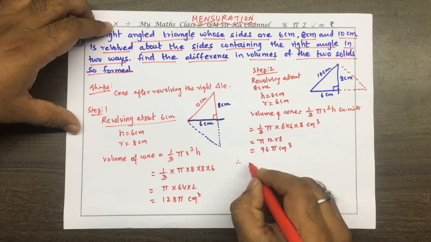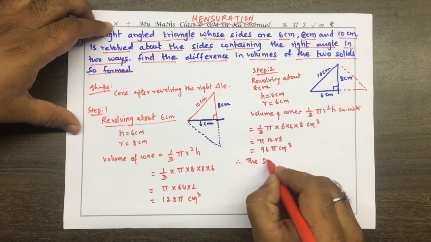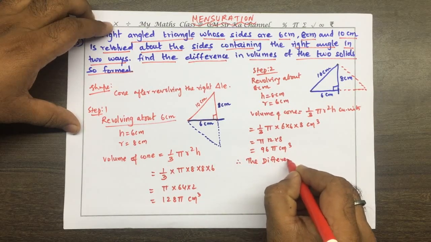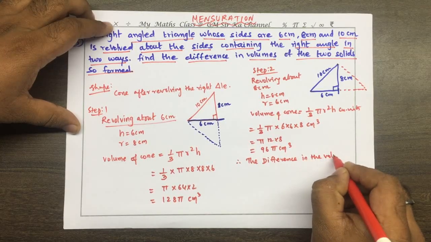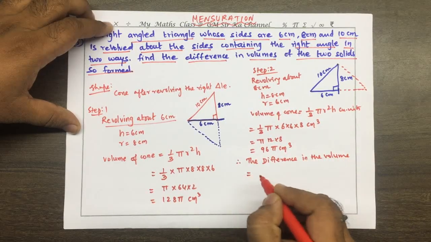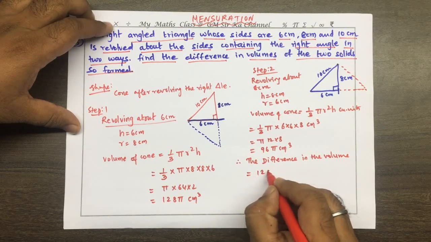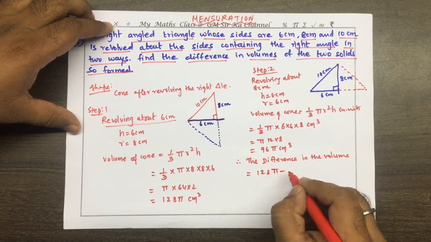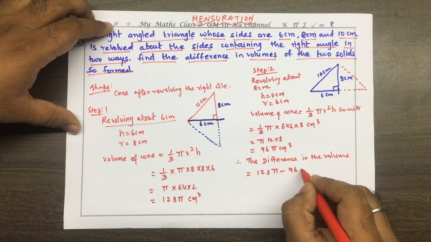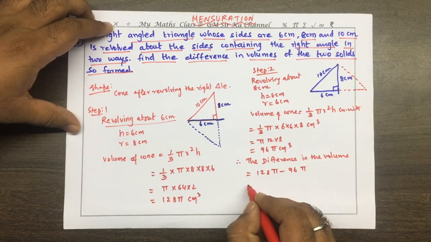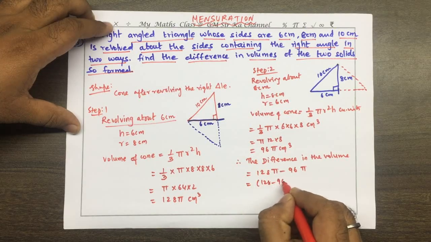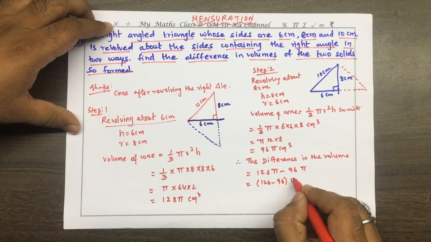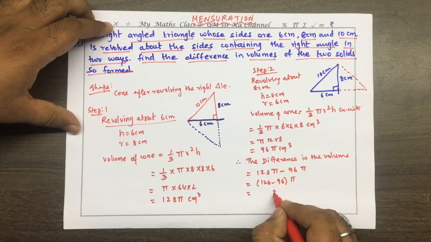Therefore the difference in the volume is equal to 128 pi minus 96 pi, which is again equal to 128 minus 96, which is 32 pi.